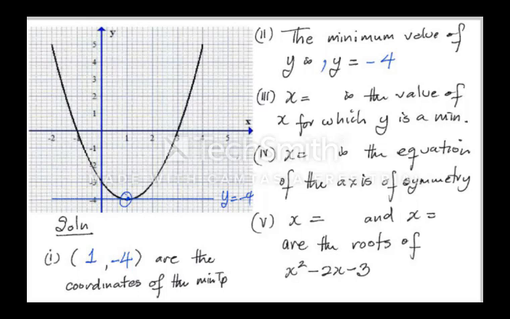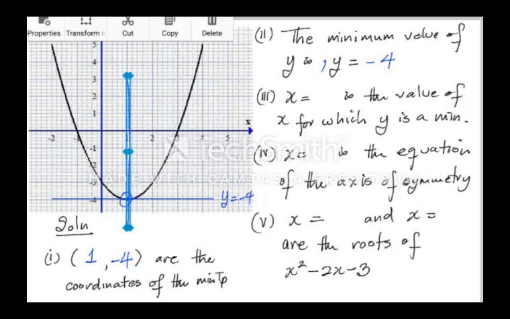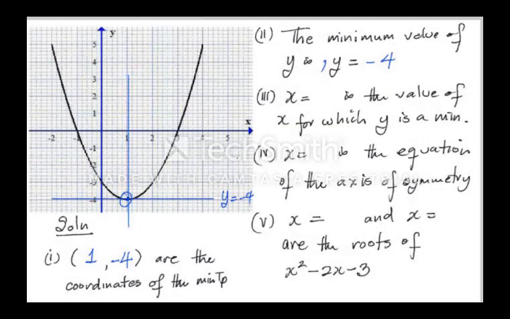The y coordinate is -4, and the x coordinate is 1. So x is equal to 1 is the value of x for which y is a minimum.